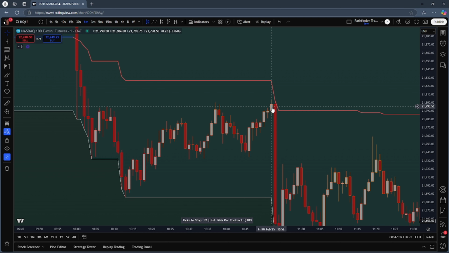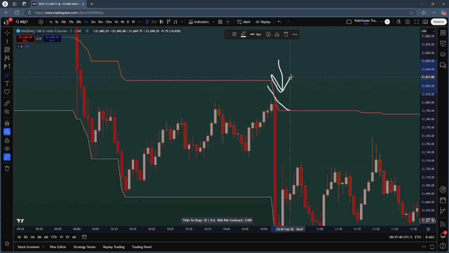That is the most basic, easy, simple sell entry there is.